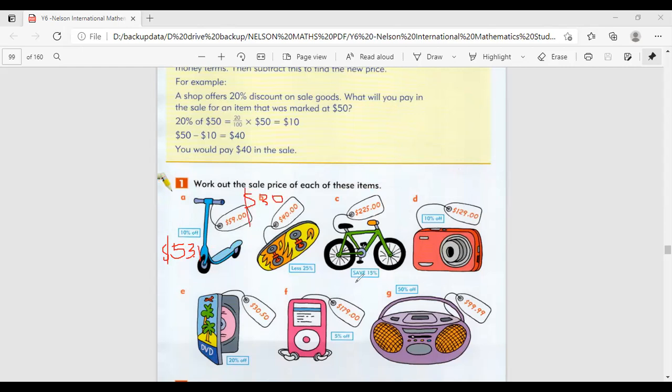Okay, so this one is save 15%. Because of the discount, you will save 15%. So we are going to do 15%, which is 15 over 100 times $225. So you will multiply 15 times 225.